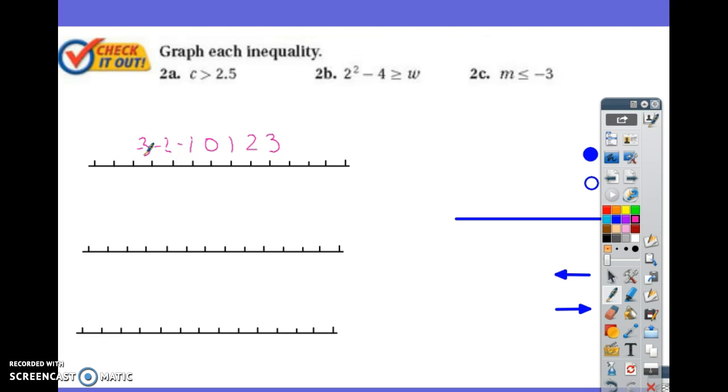So C has to be greater than 2.5. We would take our circle and put it on 2.5, right there. We would make sure we had a line going in this direction because C has to be greater, which means it's going to be everything on this side, and make sure that we have our arrow going in that direction as well, and that's how we would graph that response.